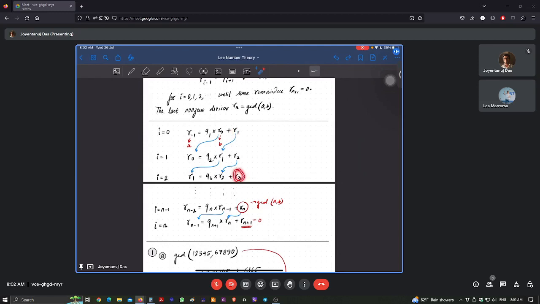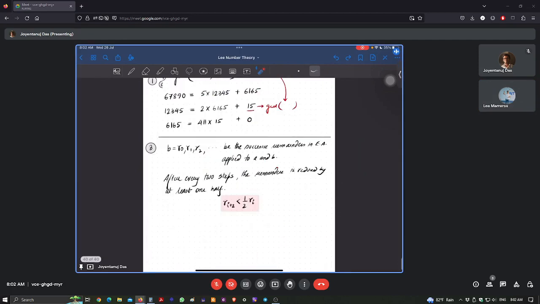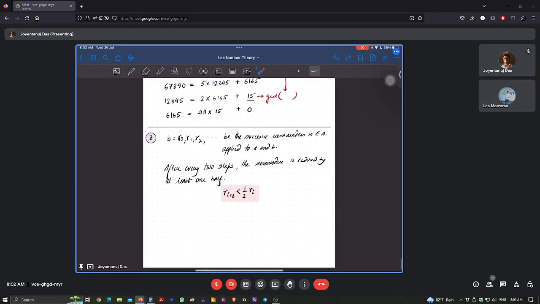We'll see that this R3 is strictly less than half of R1. So that is the idea. Similarly, it will go down like this. In some sense, these remainders are in a decreasing order, always lower and lower.